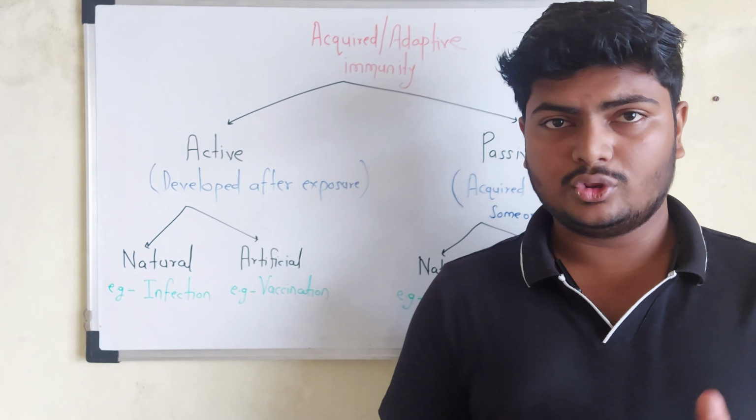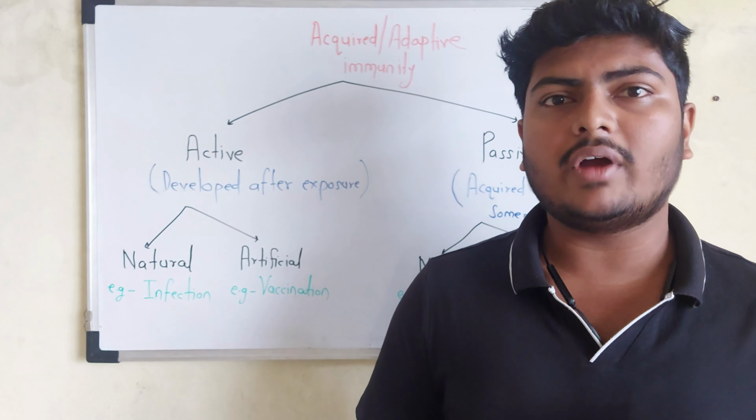In this way, with the use of vaccination, we are protecting our body, and this is called artificial active immunity. So we will look further at passive immunity.